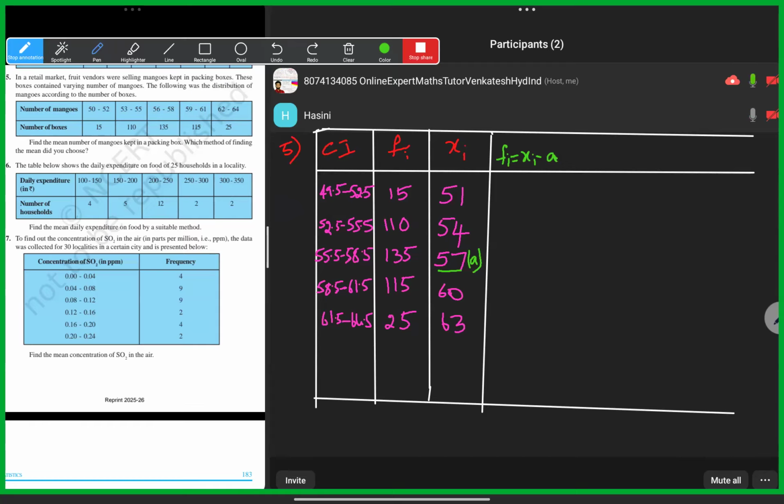51 minus 57, which is minus 6. 54 minus 57 is minus 3. Any doubt, Hasni? No, sir. 57 minus 57 is 0. 60 minus 57 is 3. 63 minus 57 is again how much, Hasni?